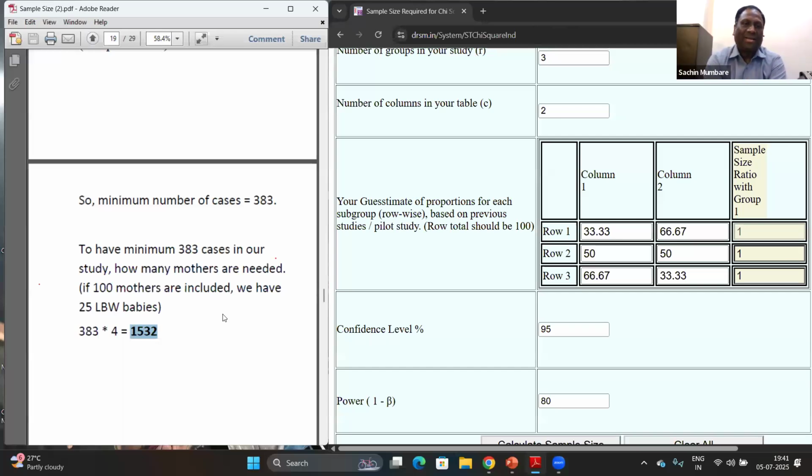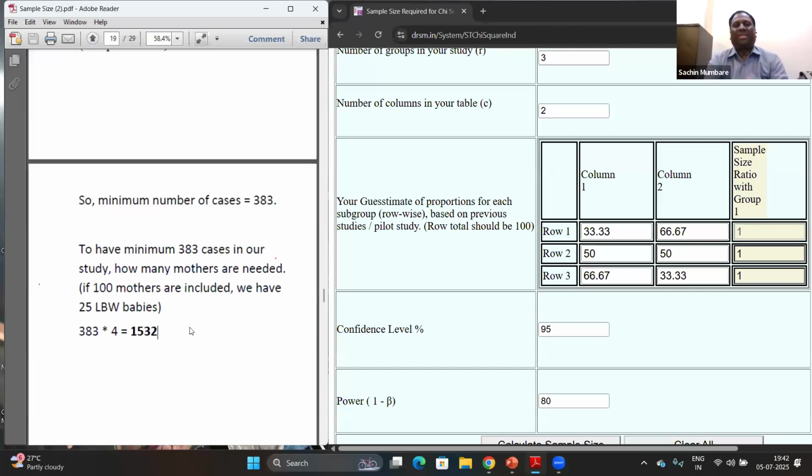You can add more mothers to compensate for loss or a change in proportion, but a minimum of 1532 mothers must be included so that you can have at least 383 cases in your study. Okay. Understood? Yes, sir.